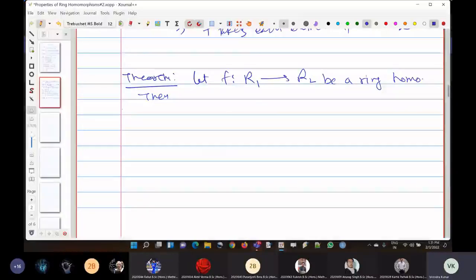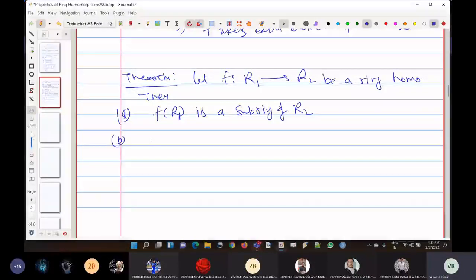Then first, f(R1), that is the image of the ring R1, is a subring of R2.